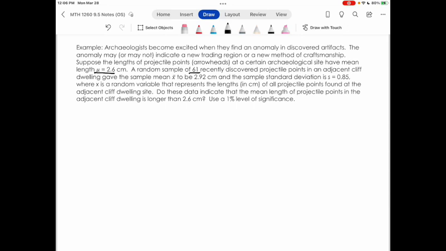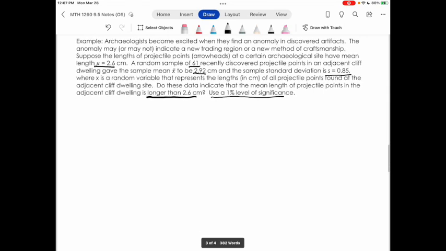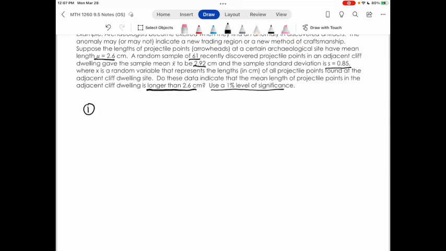A random sample of 61 recently discovered projectile points in an adjacent cliff dwelling gave a sample mean of 2.92 centimeters, and the sample standard deviation was 0.85. Where x is a random variable that represents the length of the projectile points at the adjacent cliff dwelling site, does the data indicate that the mean length of projectile points in the adjacent cliff dwelling is longer than 2.6 centimeters? And we're going to use a 1% level of significance.